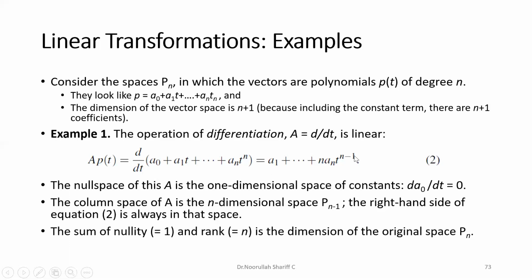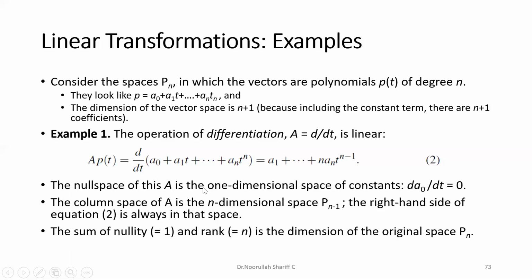So here, if you see, we have a1 to an as coefficients, corresponding to n. So now this polynomial is reduced to dimension n. That just means this belongs to the vector space of order n rather than n plus 1. So this is a space which corresponds to Pn minus 1 rather than Pn.